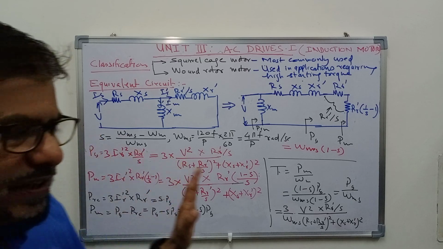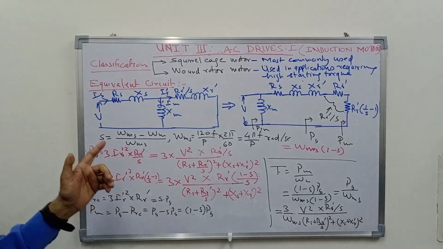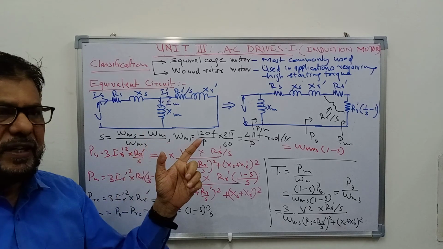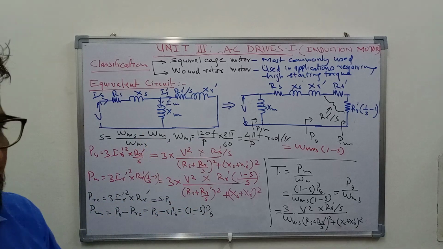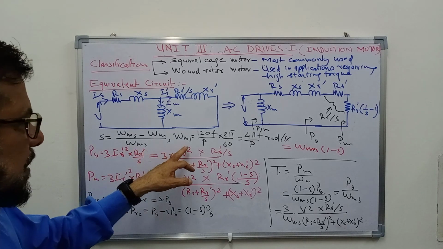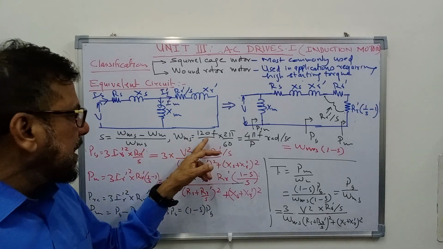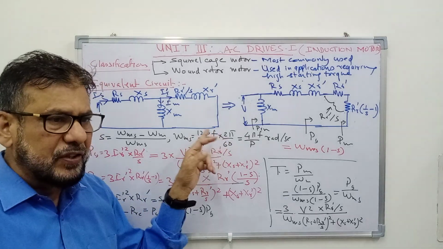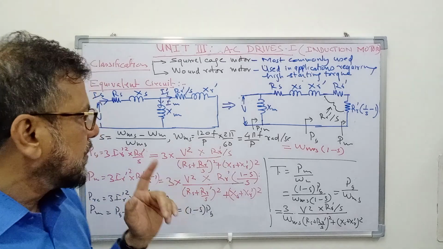Slip is defined as the difference between synchronous speed of the motor and the actual speed of the motor, divided by the synchronous speed. Synchronous speed, if you recall, is given by 120 F by P RPM, where F is the supply frequency and P is the number of poles.